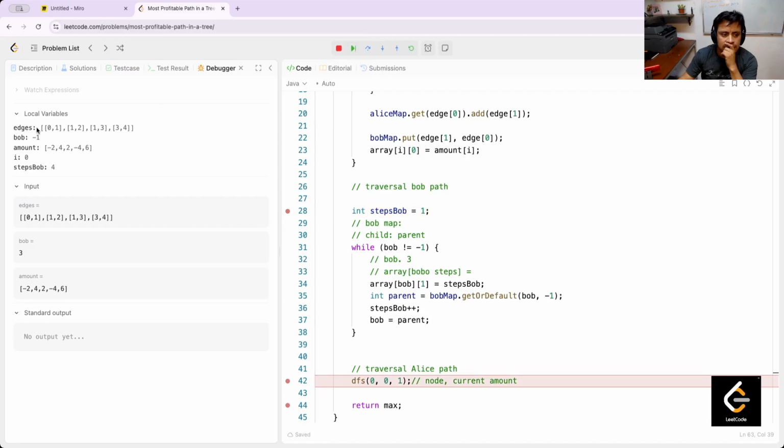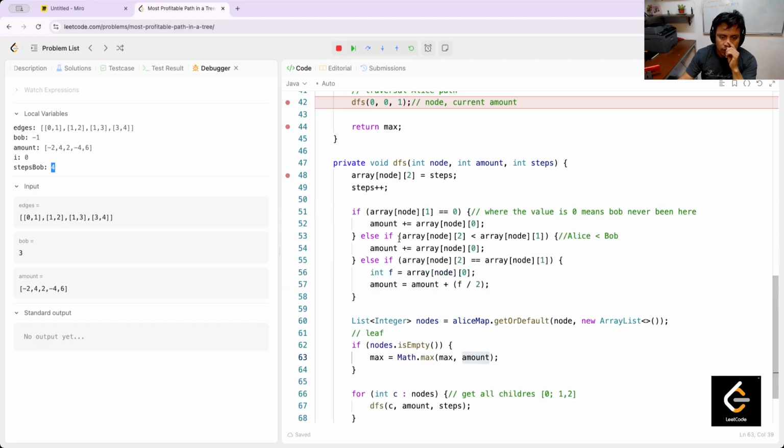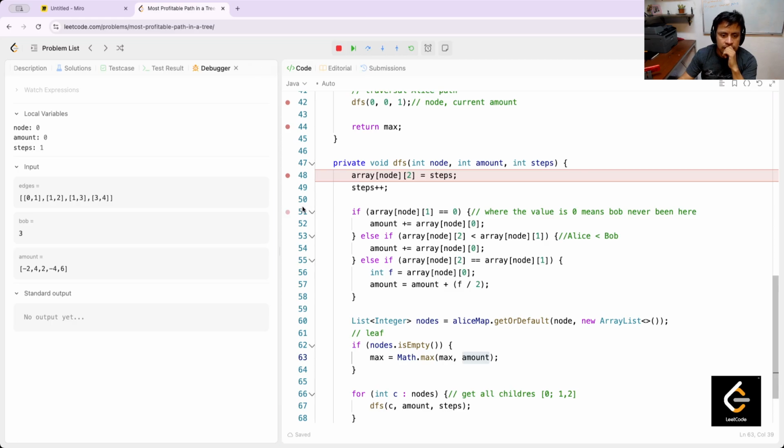Now DFS, in this case, this is the age. Bob is less one. Yeah. This is the amount. And Bob is 4. Okay, it doesn't matter. Now start with the index 0. Now I am here.